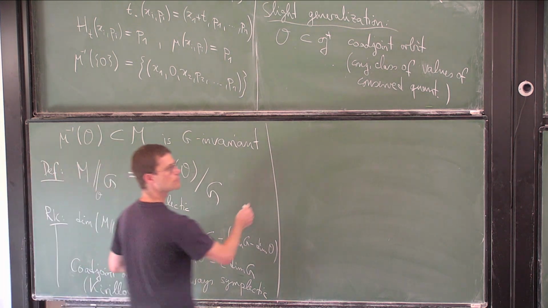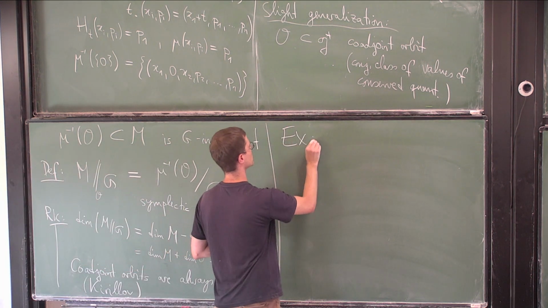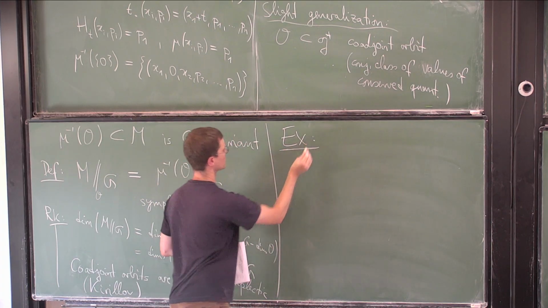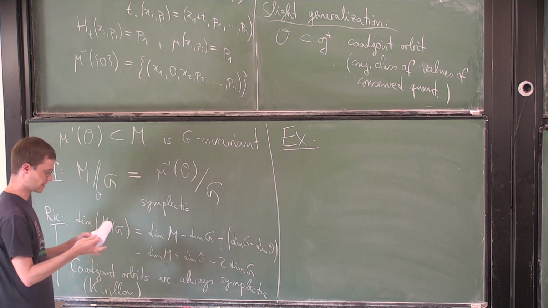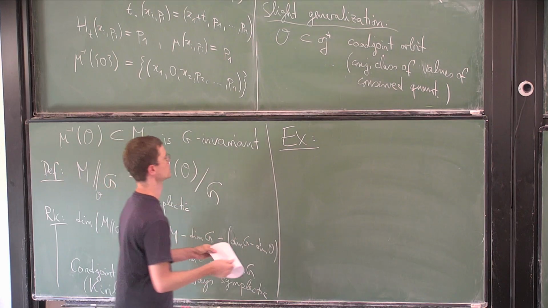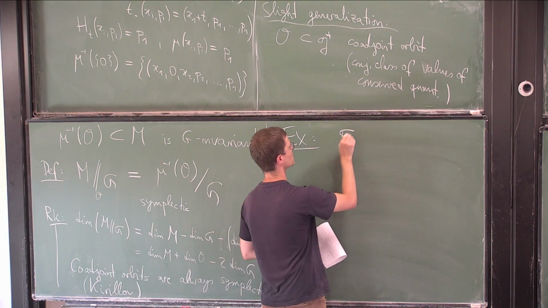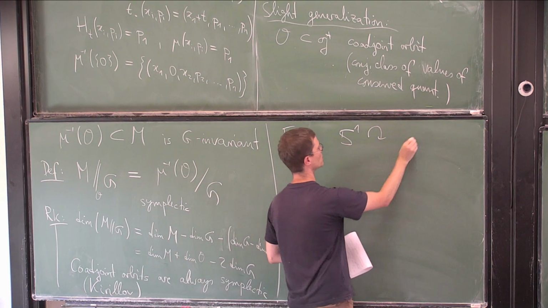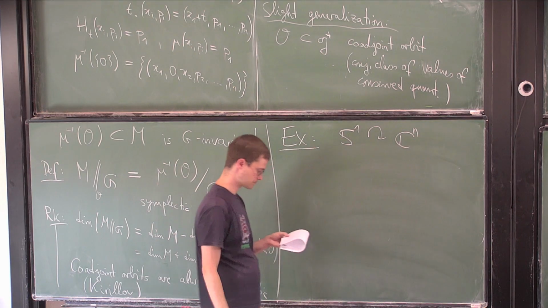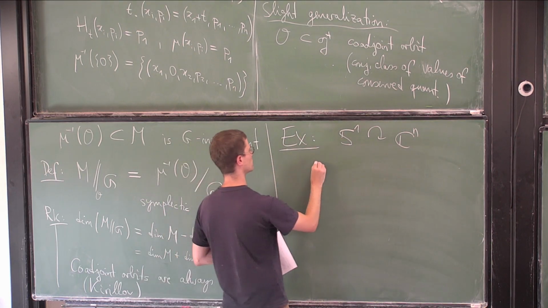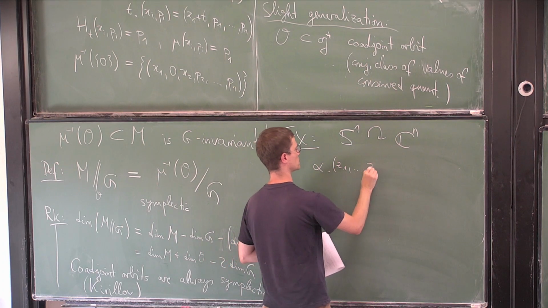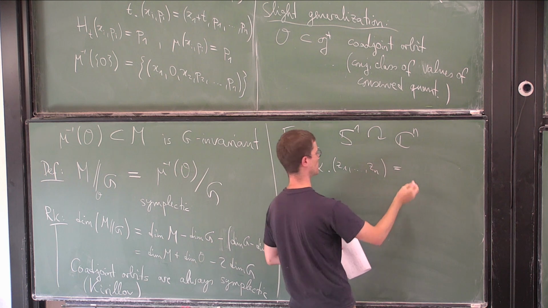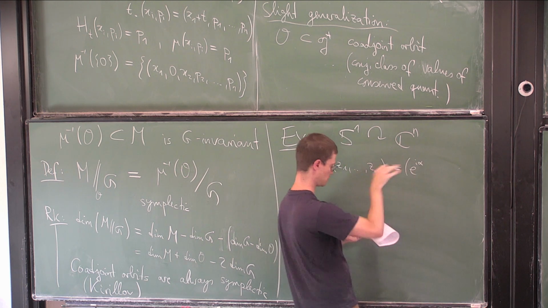Okay, and maybe to finish, let's give a last example. I told at least the mathematicians that one of the aims was to construct interesting examples. So let's consider S1 acting on Cn in the following way: alpha acts on the coordinates z1 through zn by shifting the phase.